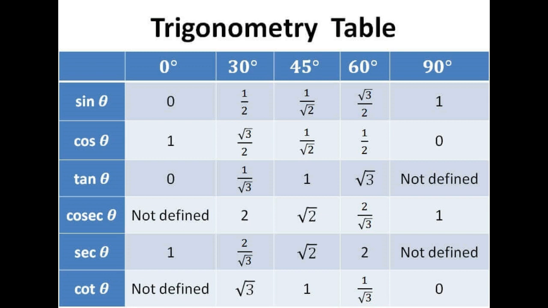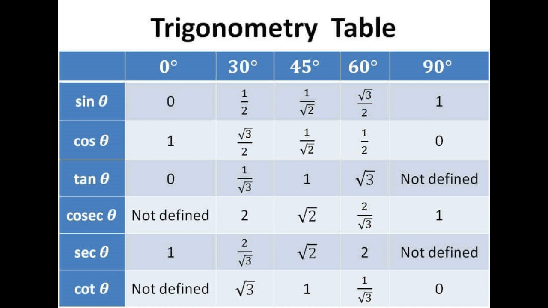There are 6 trigonometrical functions: sine, cos, tan, cosec, sec and cot. First I said sine, cos, and as you know sine upon cos is tan, right?